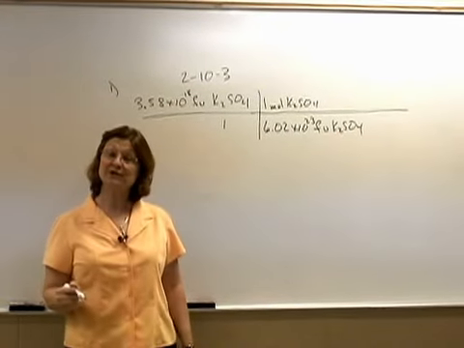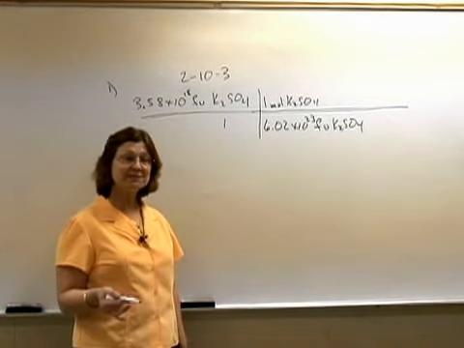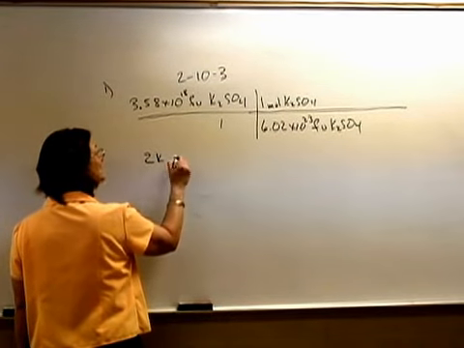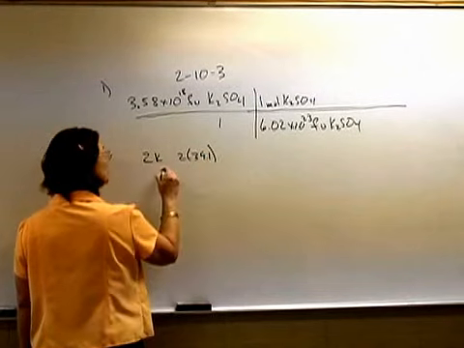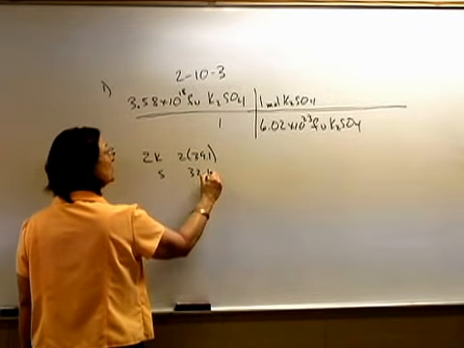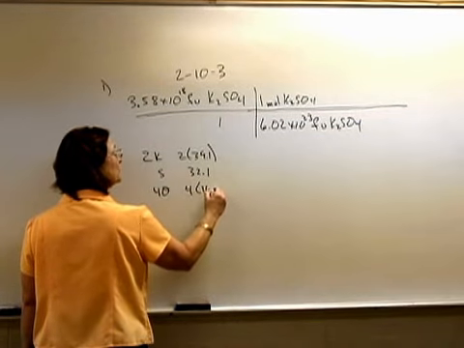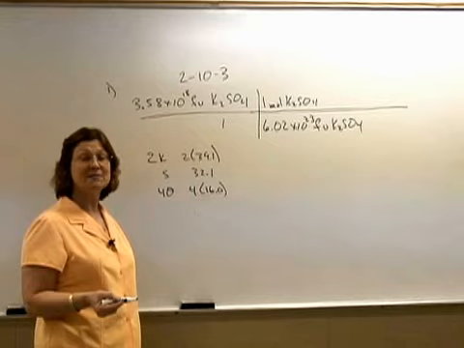That gets me to mole central. And then I go to mass. In order to get the mass, I need the gram formula mass. There are 2 potassiums, 2 times 39.1, and sulfur is 32.1, and 4 oxygens is 4 times 16.0. Now remember, many mistakes are made in adding up the AMUs.